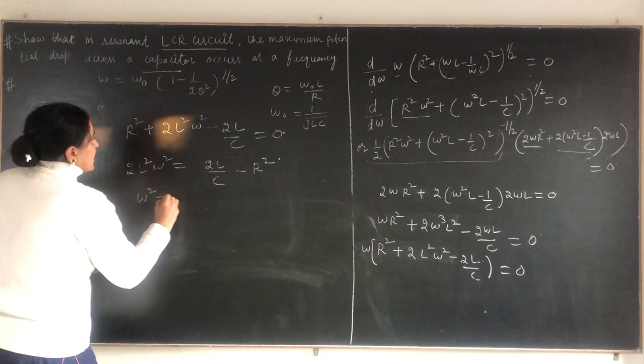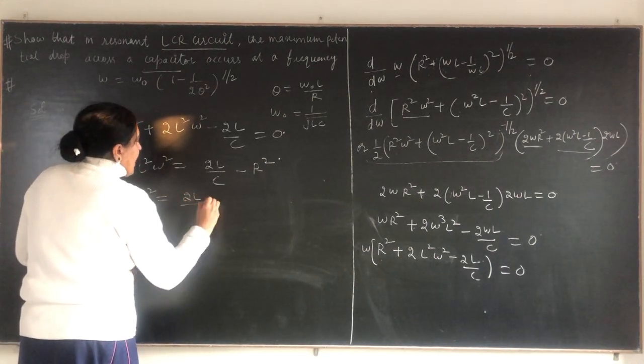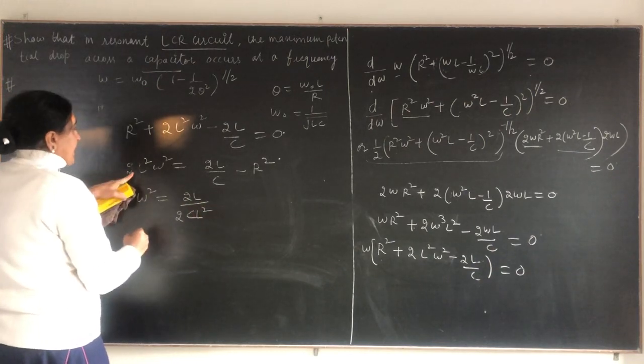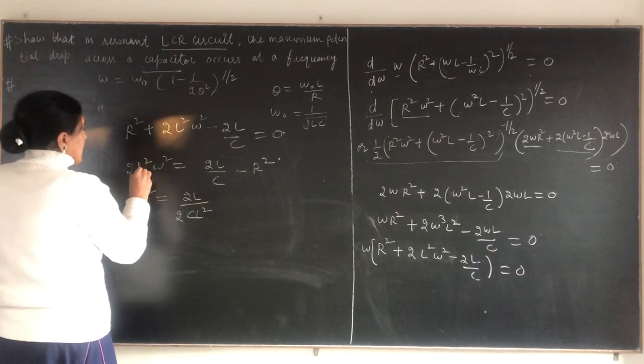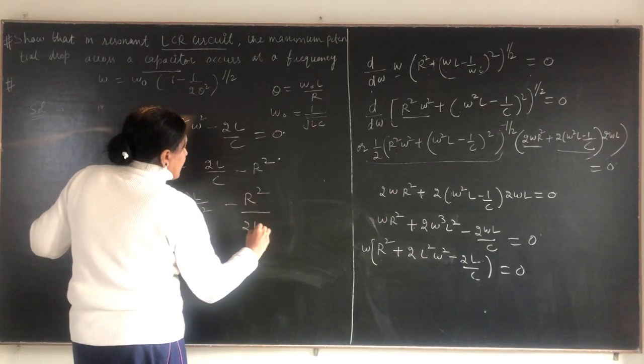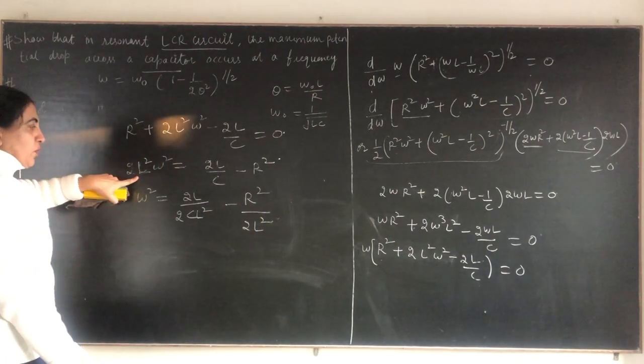Or omega square is equal to 2 L by c multiplied by 2 L square, divided by 2 L square minus r square over 2 L square.